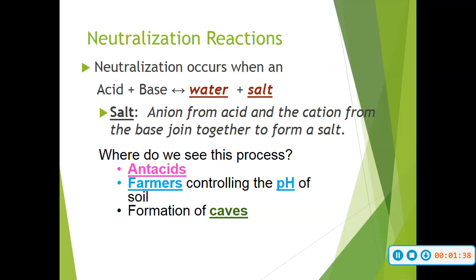Farmers control the pH of soils, since different plants and vegetables have a preference on what kind of soil they need, so farmers will add chemicals to control that pH. And then, of course, the formation of caves. It's not just erosion from the water, but a lot of acids and bases play a role in that too.